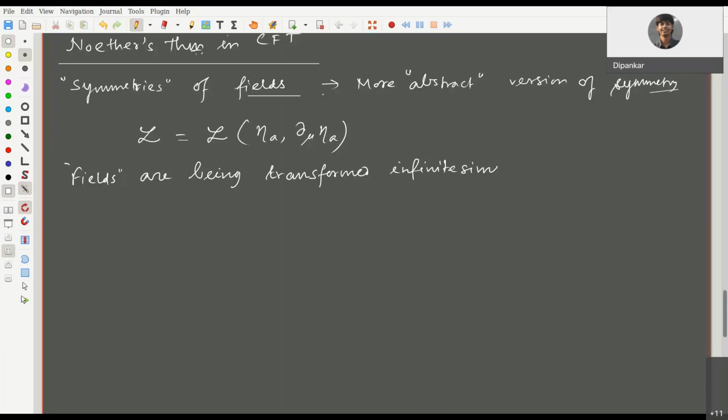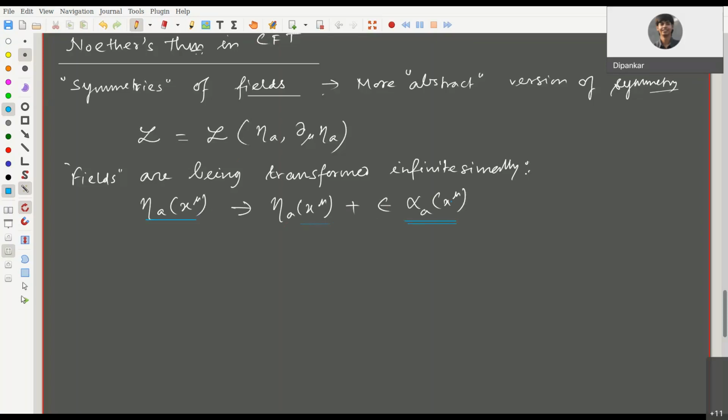What I mean by this is that suppose the A-th field, which is given by eta_A(x^mu), is transformed to eta_A(x^mu) plus epsilon times alpha_A(x^mu). So the A-th field is transformed by alpha_A, changed from its original to first order in alpha_A.